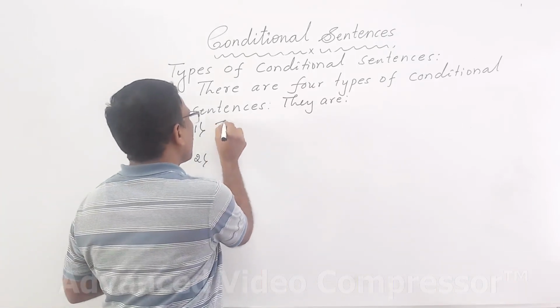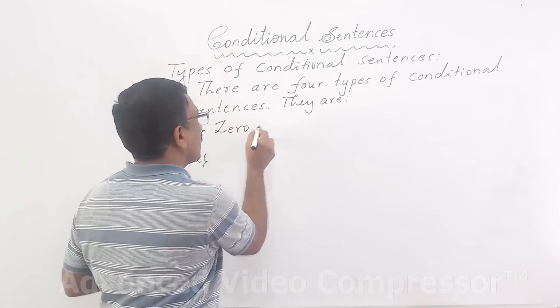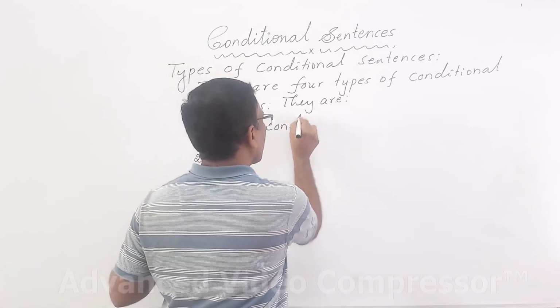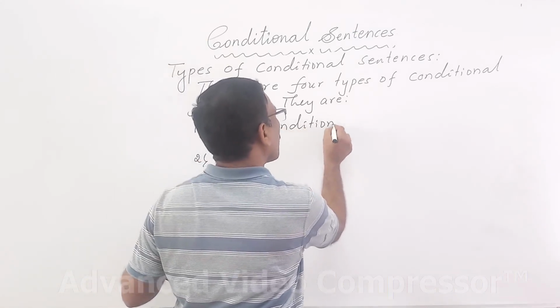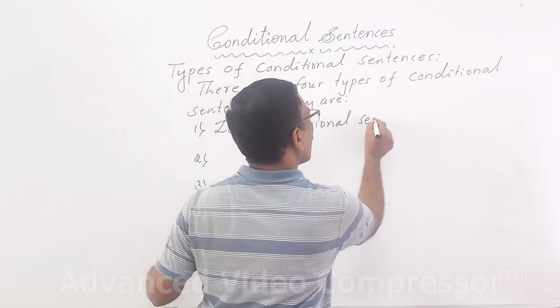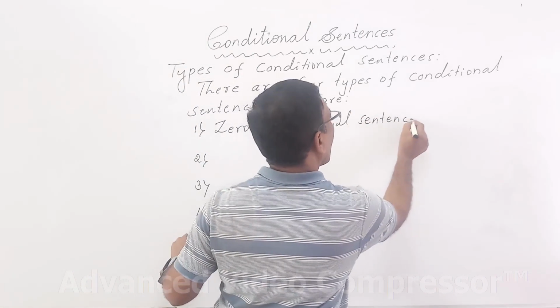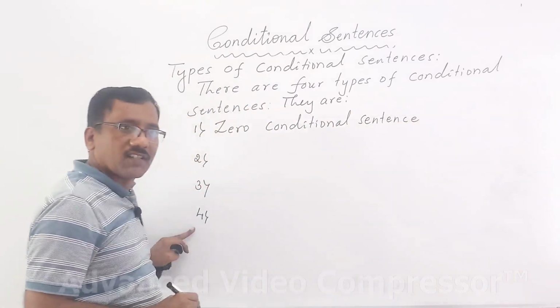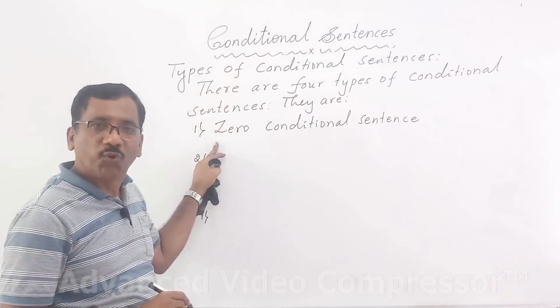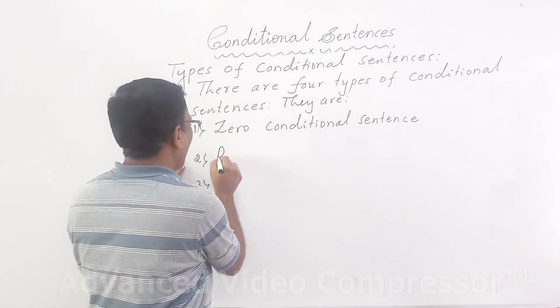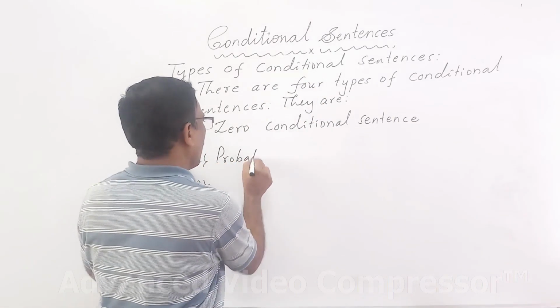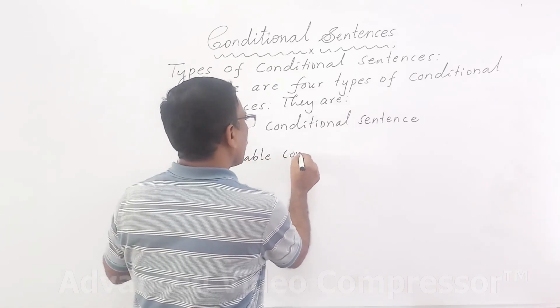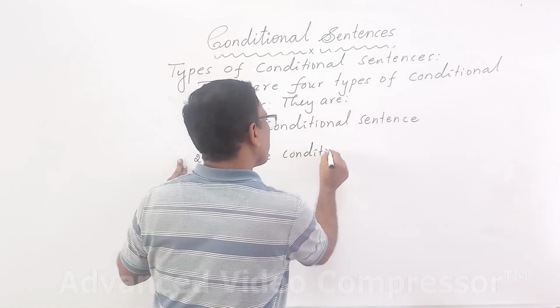Type 1 is zero conditional sentence. Type 2 is probable conditional sentence.